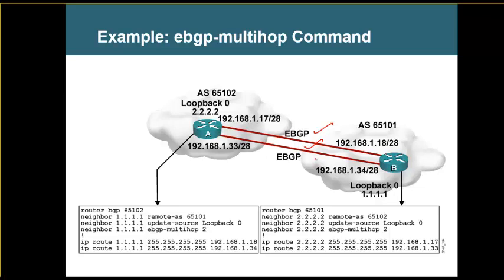We have two active connections to ISP or two active connections to your neighbor autonomous system. Even in this situation we need to use loopback, because even if one of the active links goes down, you will still be able to ping between 2.2.2.2 and 1.1.1.1.